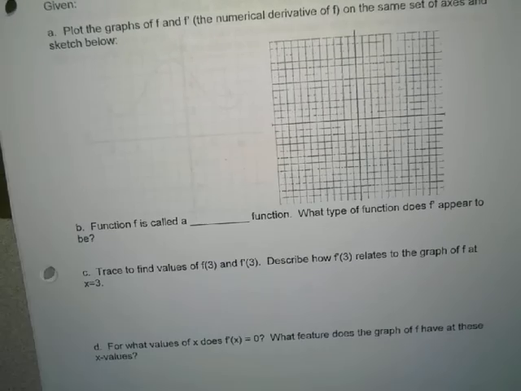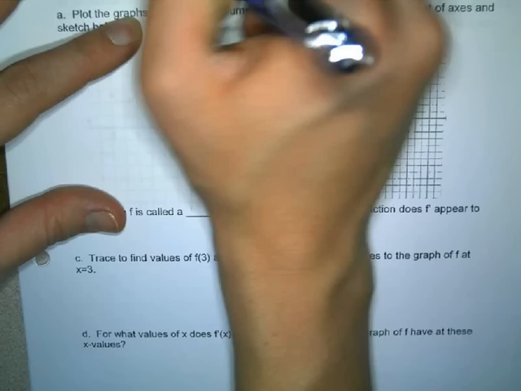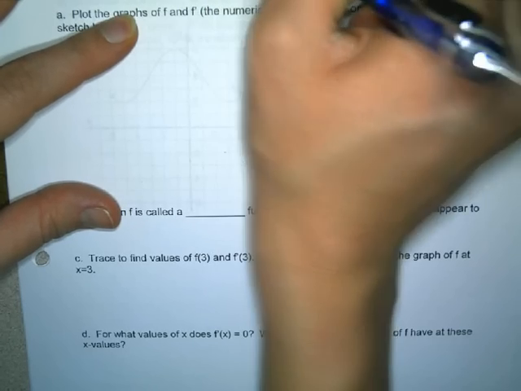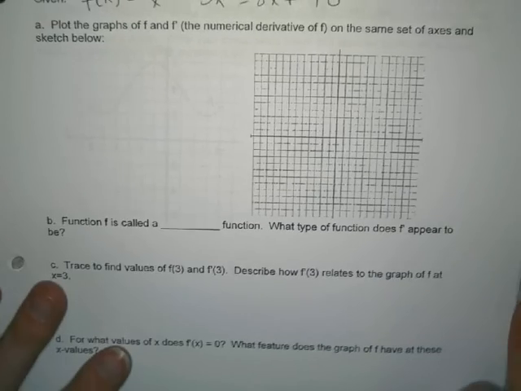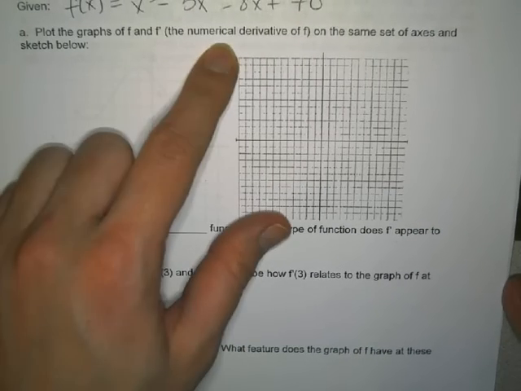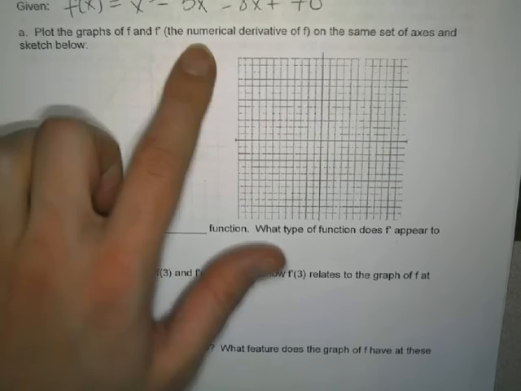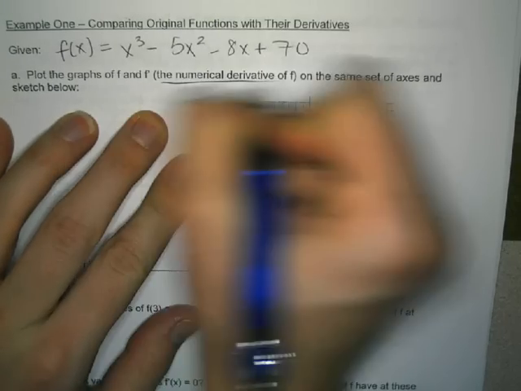The first function that we're going to use is x cubed minus 5x squared minus 8x plus 70. The first thing that we do is plot the graphs of f and f prime, the numerical derivative of f, on the same set of axes and sketch below. I'm going to keep hammering this a little bit, but what does the numerical derivative of f mean?